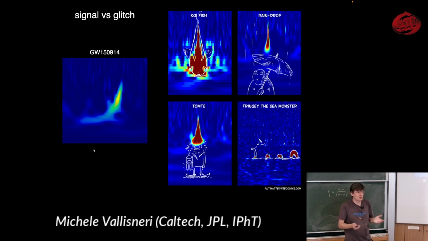It was considered too dangerous to do for the first detection, but now it's more routine. And the double neutron star event that had an observed counterpart had a glitch on top of it in one of the interferometers that needs to be removed to have the best parameter estimation. You can leave it there, but it biases things, of course.